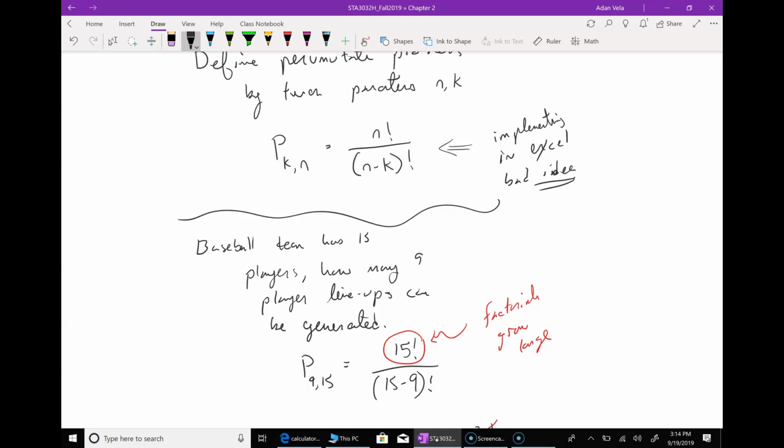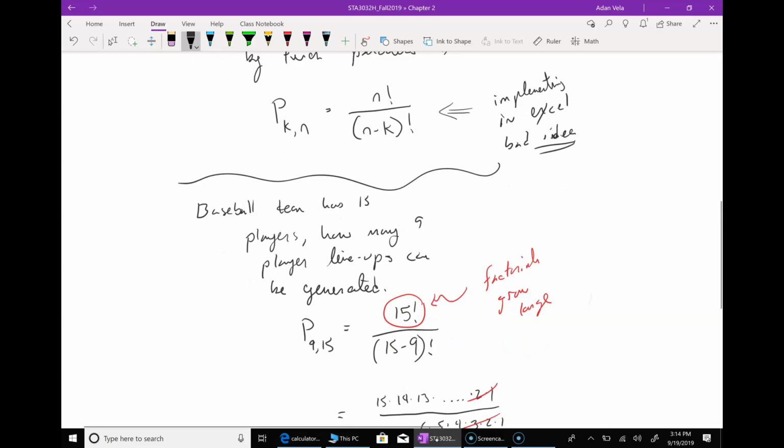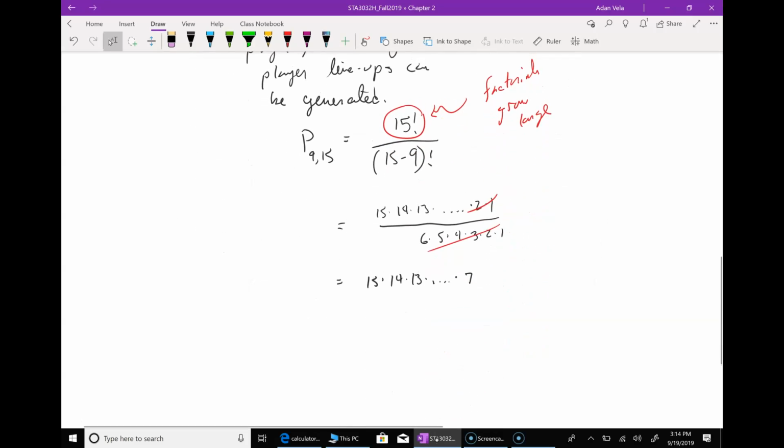Don't try to implement that directly where you say, factorial n divided by factorial n minus whatever, okay? Excel at some point just starts barking, right? So this is also a really common problem when you're computing small probabilities. So that's just something to be aware of.